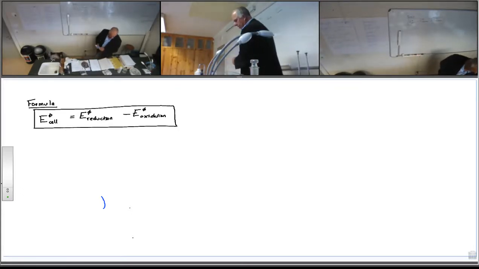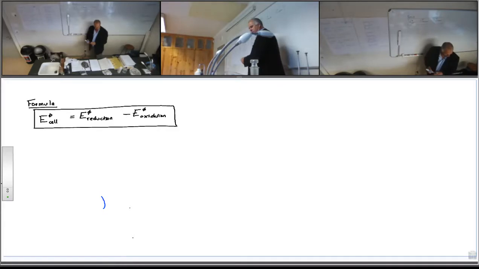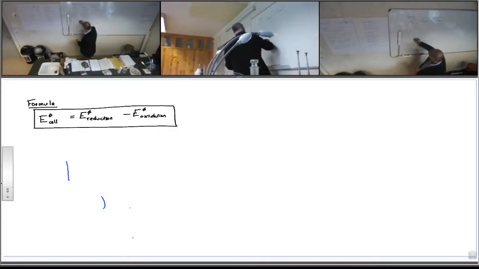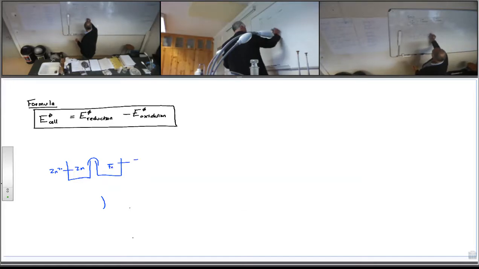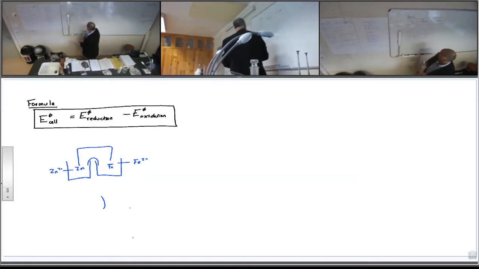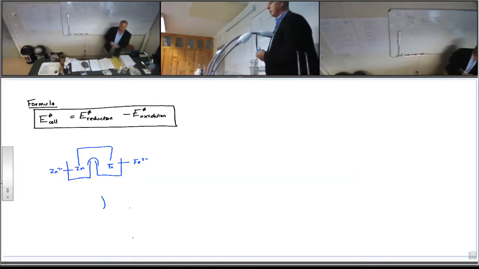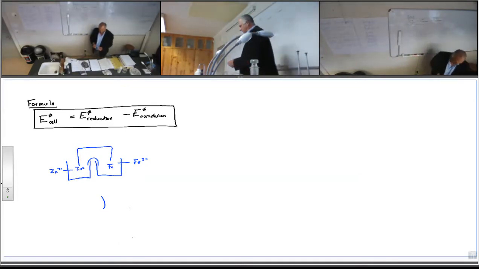Right, determine the direction of electron flow for the following: zinc, zinc 2 plus, and iron, iron 2 plus. Right, that's your cell setup. Very quickly, very briefly.